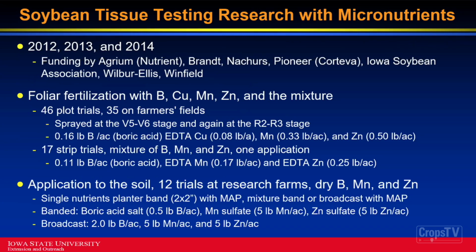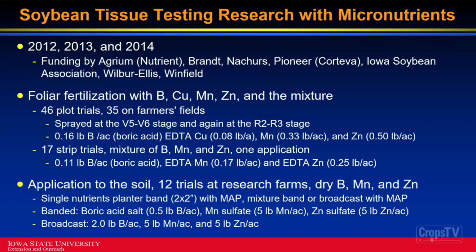We apply the rates that the companies agreed we should apply, and I agree with them. And then we have 17 strip trials where we have just a mixture of boron, manganese, and zinc, no copper. So our field extension agronomists essentially work on these 17 strip trials over 2 or 3 years.